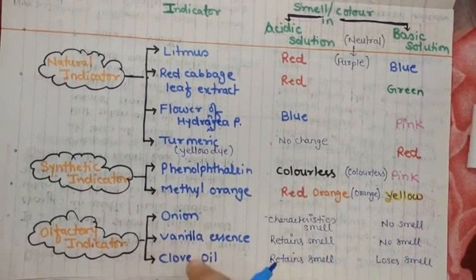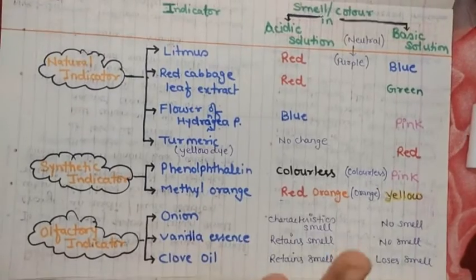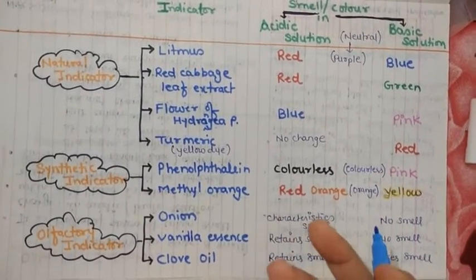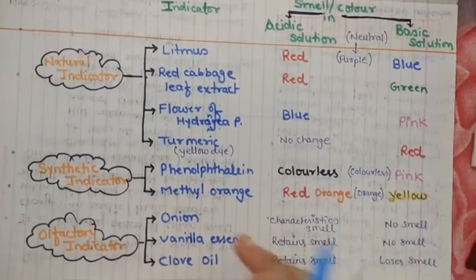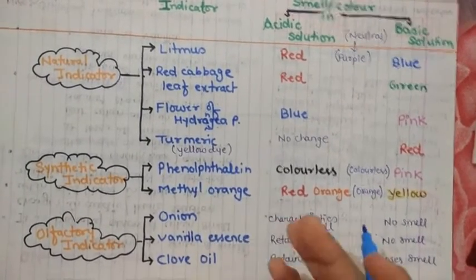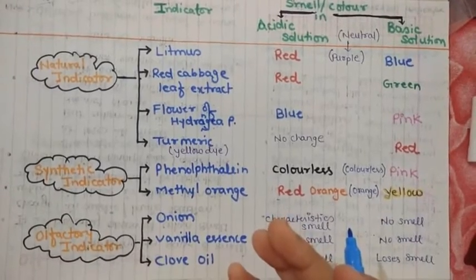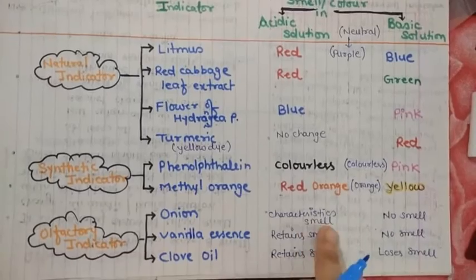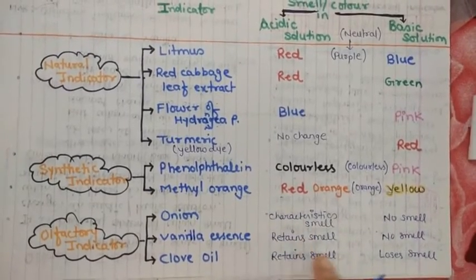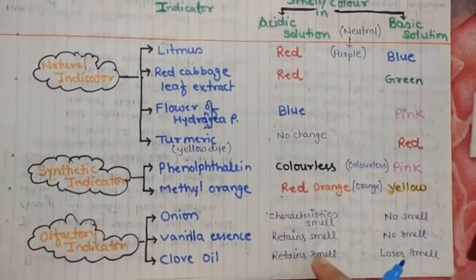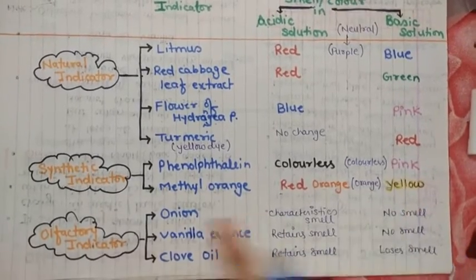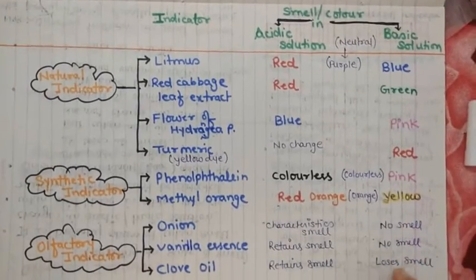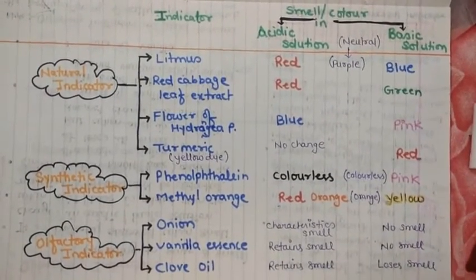But if their odor goes away, or if we are not able to smell their characteristic odor, then that will be considered a basic solution. So you can see that the characteristic smell will be retained in acidic solution. But if you add basic solution, there will be no smell. That means your smell will be lost.